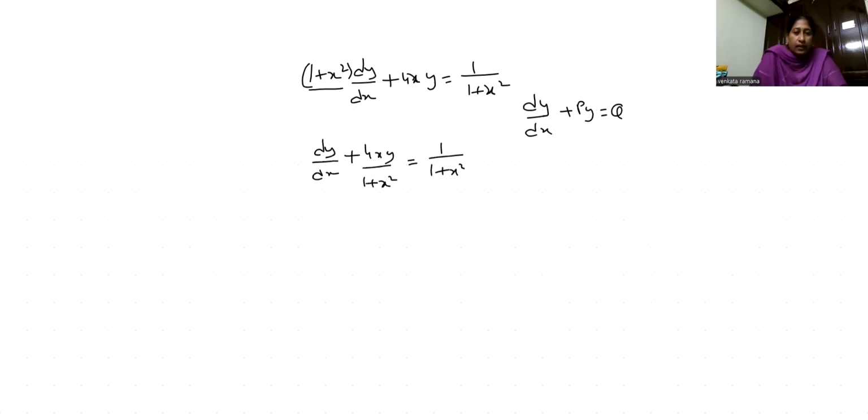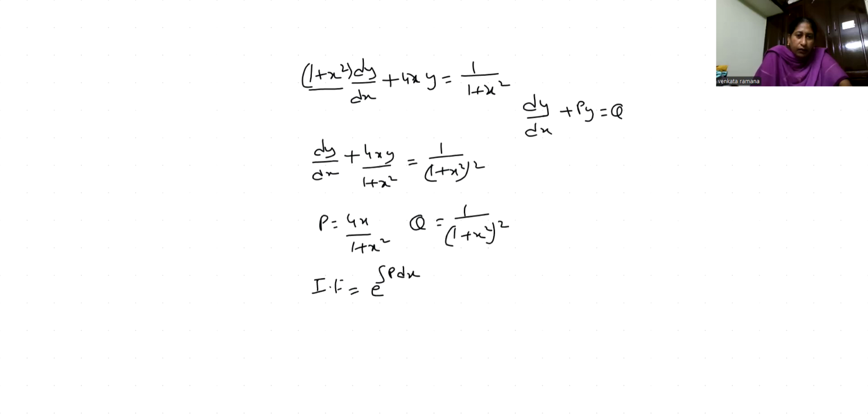Here P is 4x by 1 plus x square, and Q is 1 by (1 plus x square) whole square. We observe that P and Q are functions of x only. We need to calculate the integrating factor. The formula for the integrating factor is e power integral P dx, so e power integral 4x by 1 plus x square dx.